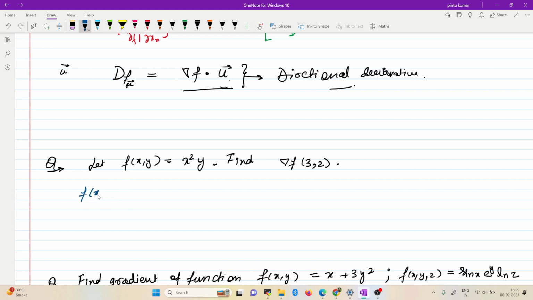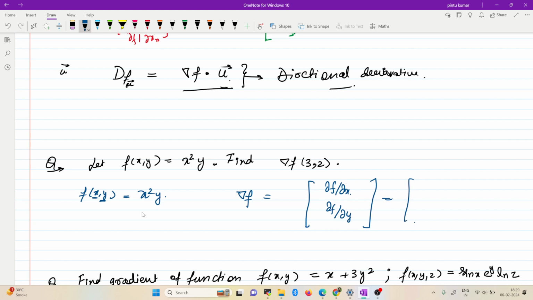So let's say f of x, y is given as x square y. Now this f depends on two variables, so the gradient of f will have two components. The first is the partial derivative of f with respect to x, and the second is the partial derivative of f with respect to y.